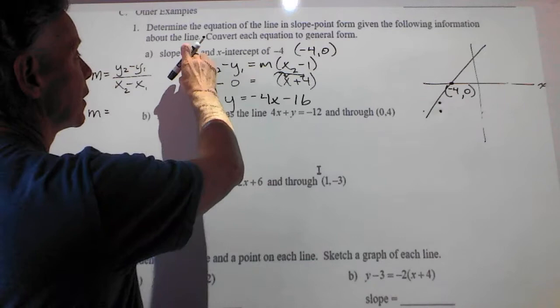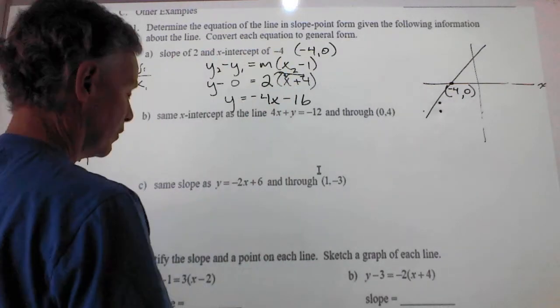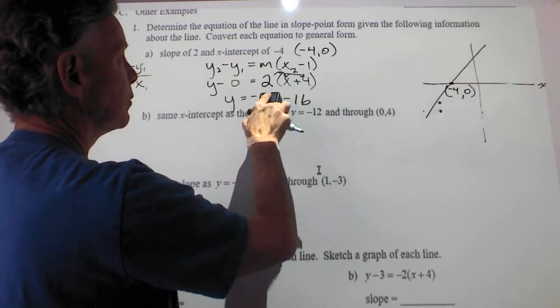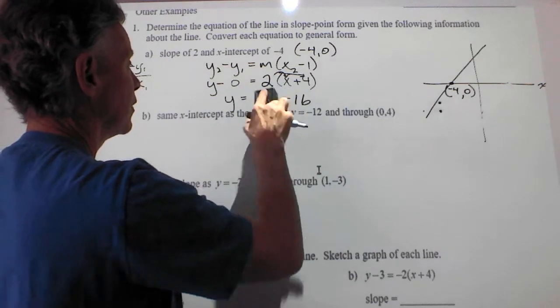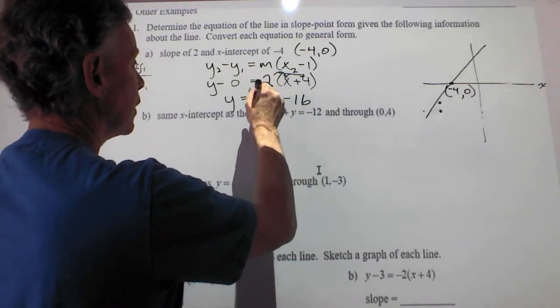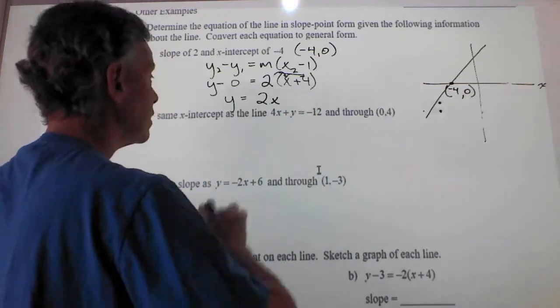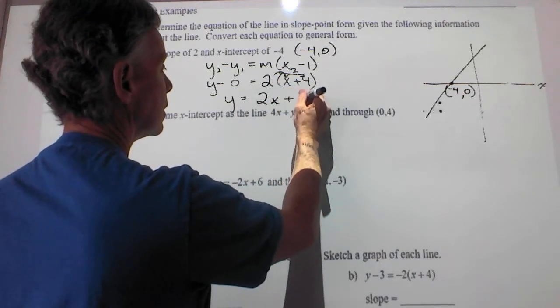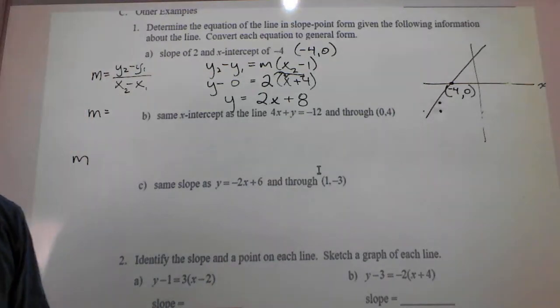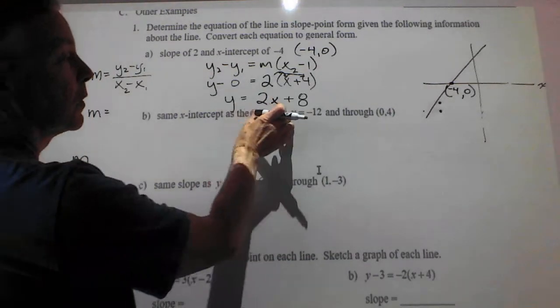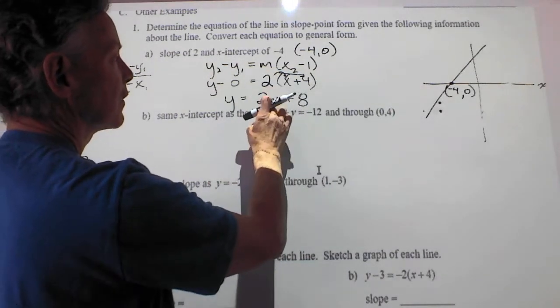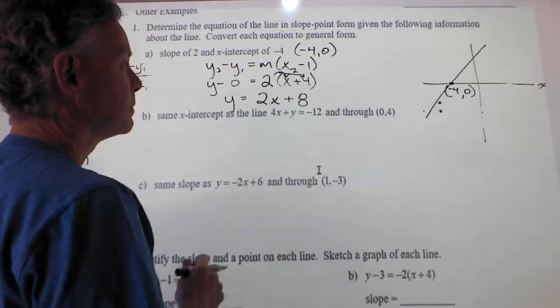I didn't put the right slope in. I'm sorry. The slope here is 2. That means when you multiply across, that will give you 2x and 8. Okay? Sorry about that. So, again, 2 times x is 2x, 2 times 4 is 8.